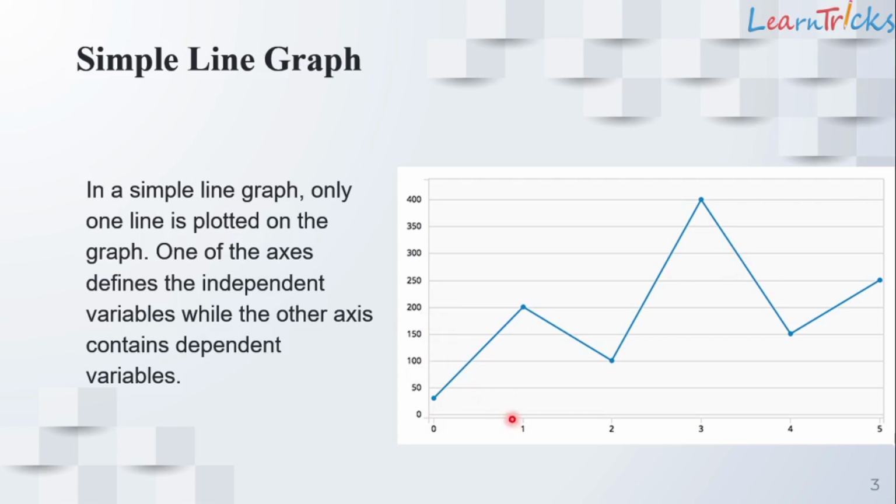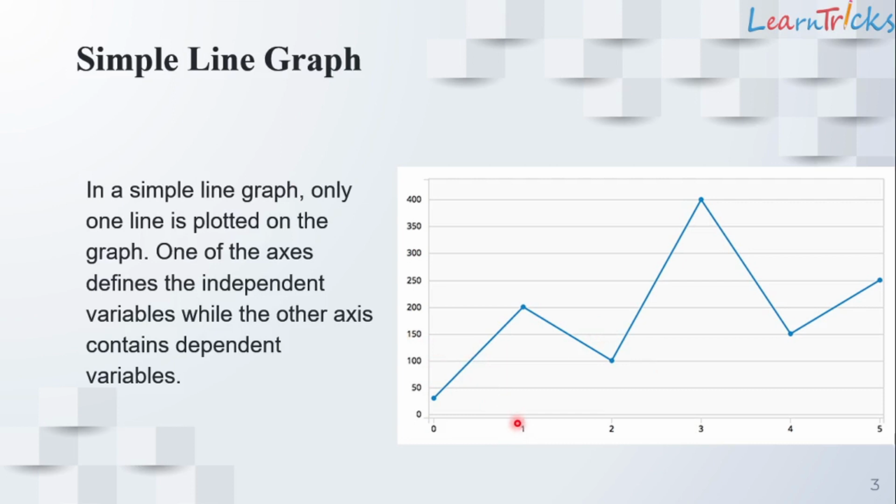When there is a very large number of points or readings in the data set, then we have to use a different type of graph. When there are fewer points, then we can use the line graph and connect all the points through the line. While reading this type of graph, we read it as: for a value of x, what is the value of y.